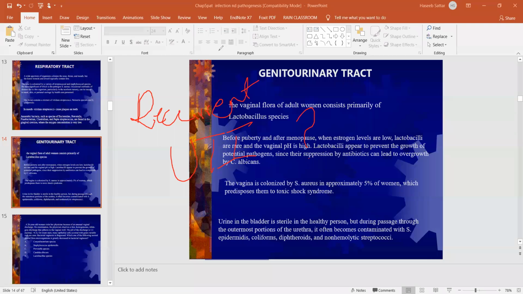Anatomical reason. I have given you a hint. Anatomical reason. Exposed to air? No.